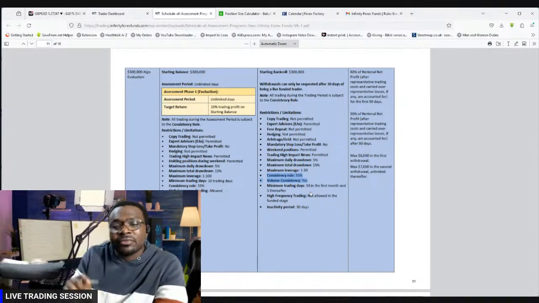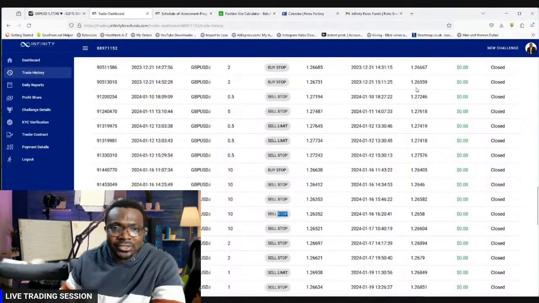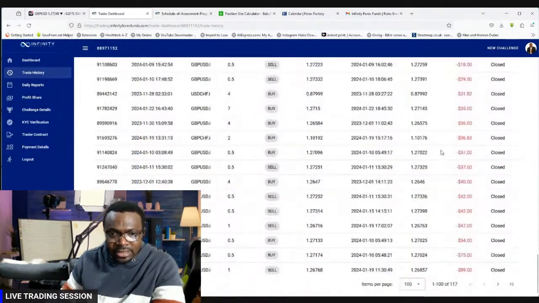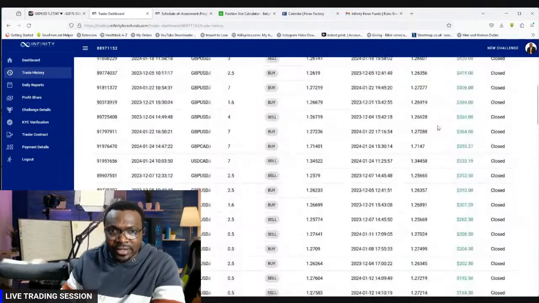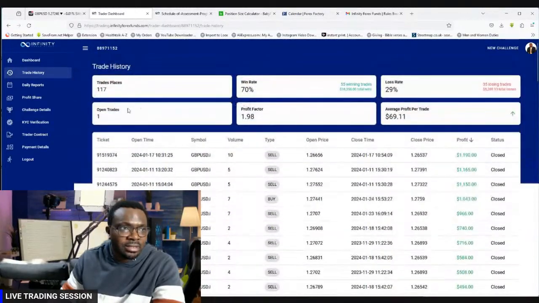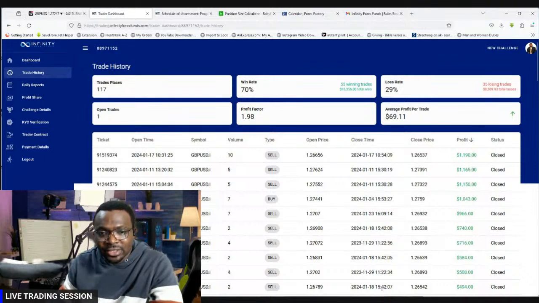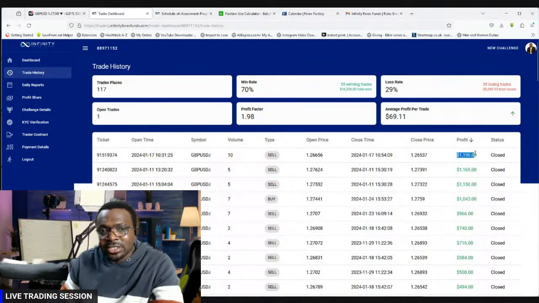So the best thing, before you place your withdrawal, is to check all your profitable trades first. Anyone that is above that price, for instance, this whole thing is 6,000 something. Now I'm looking at 1,900. If I check, there is no trade that is 1,900. So the highest is 1,100.